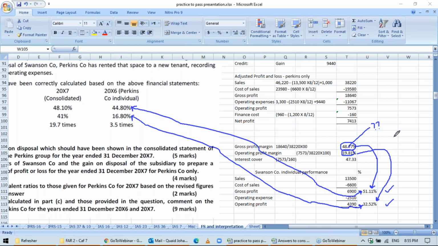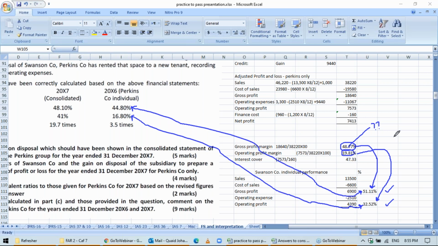So why was Swanson's profit margin high? Swanson's profit margin was high due to obtaining goods from Perkins at a subsidized rate, due to which the Perkins gross profit margin was falling and Swanson's gross profit margin was improving. Agreed or not? This was the main point.